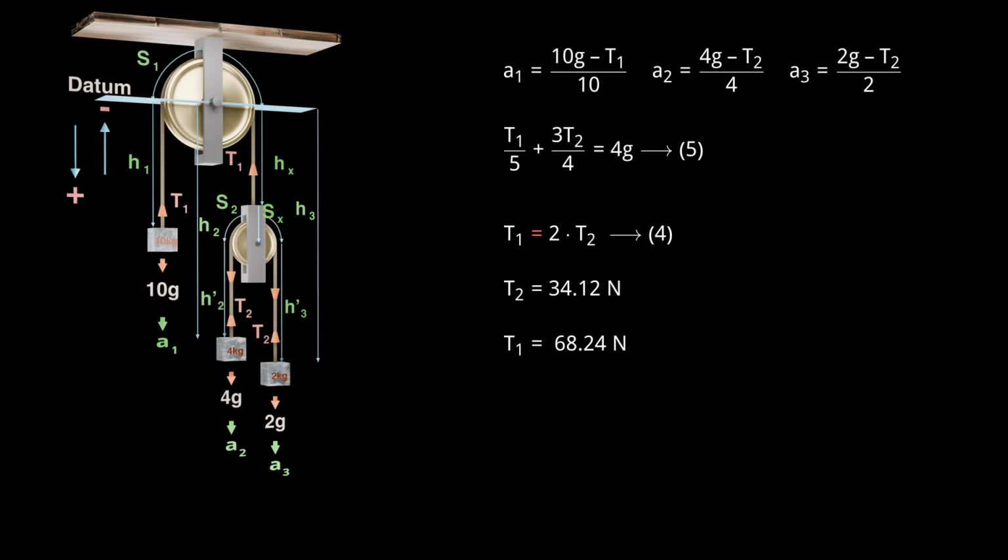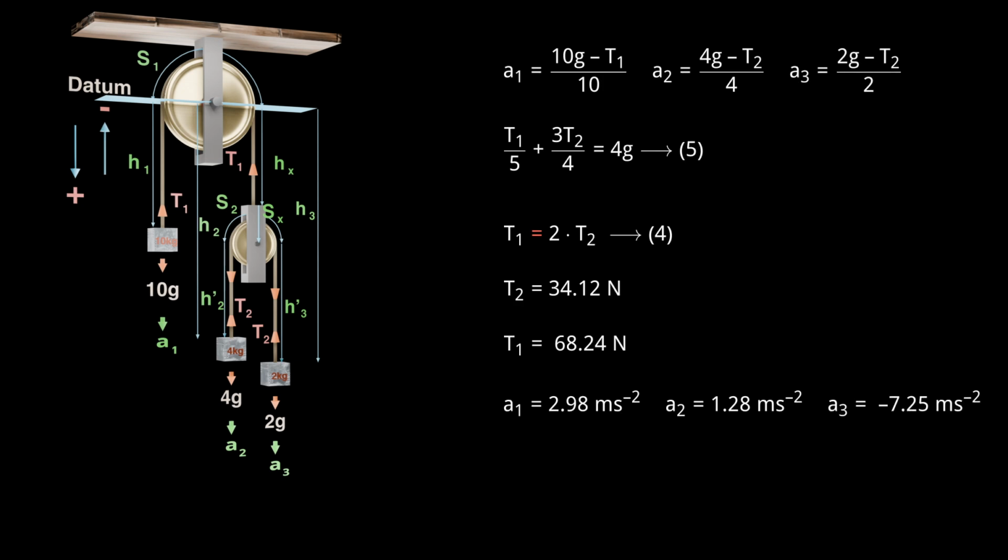These values of T1 and T2 can be substituted back into the acceleration equations to calculate the accelerations of the three masses in the system. The 10 kilogram mass accelerates at a rate of 2.98 meters per second squared. The acceleration of the 4 kilogram mass is 1.28 meters per second squared, while the 2 kilogram mass has an acceleration of negative 7.25 meters per second squared.